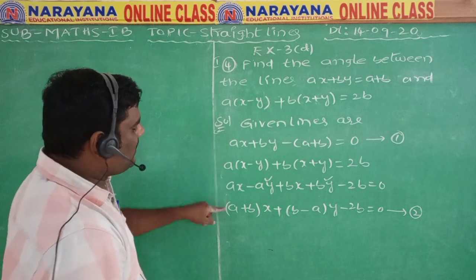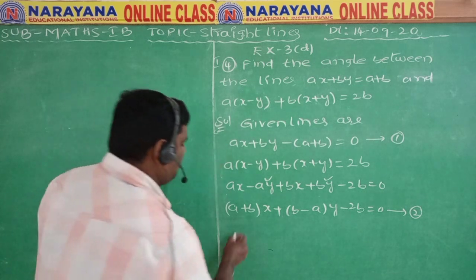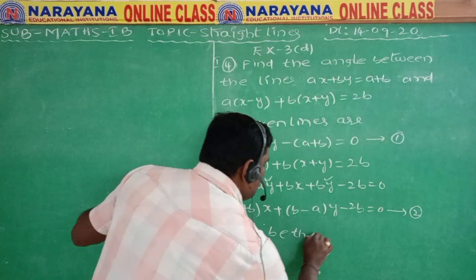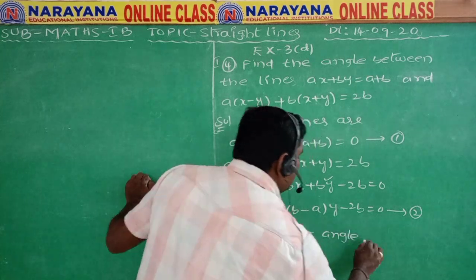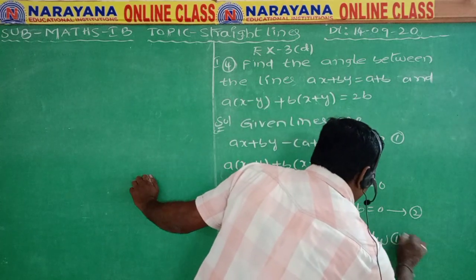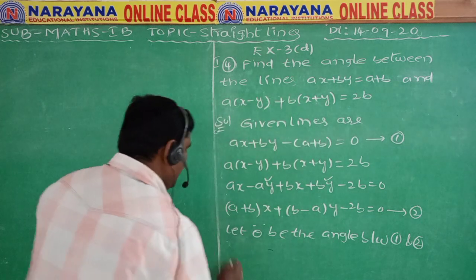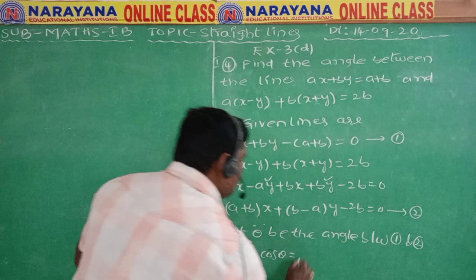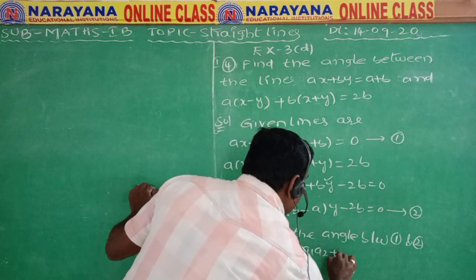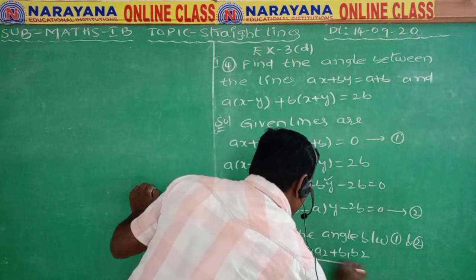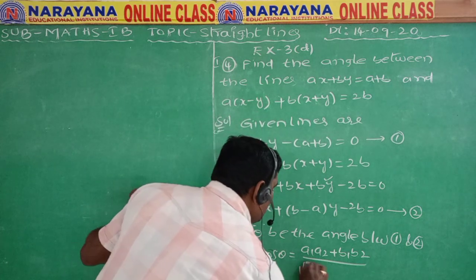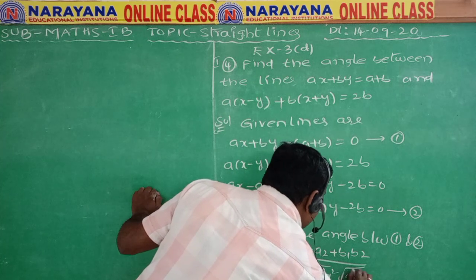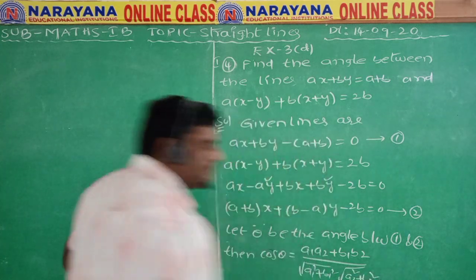Now, theta be the angle between these two lines. By using the cos theta formula, let theta be the angle between 1 and 2. Then cos theta = |a1 a2 + b1 b2| / (root over a1 square + b1 square × a2 square + b2 square).